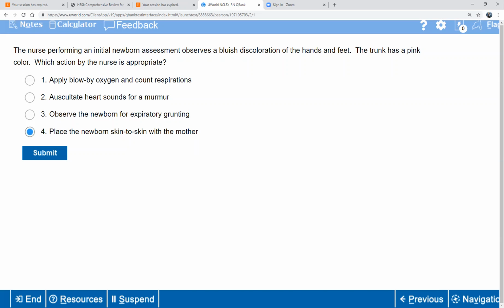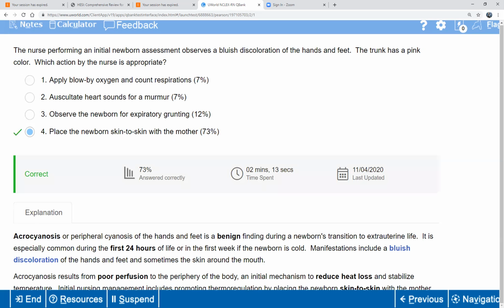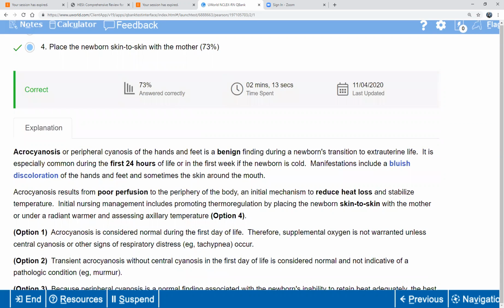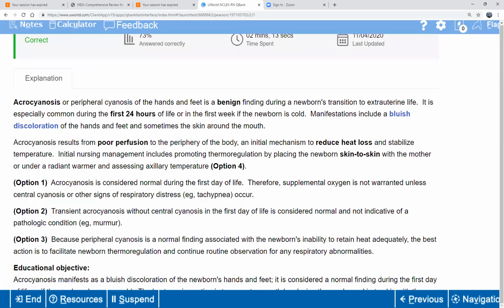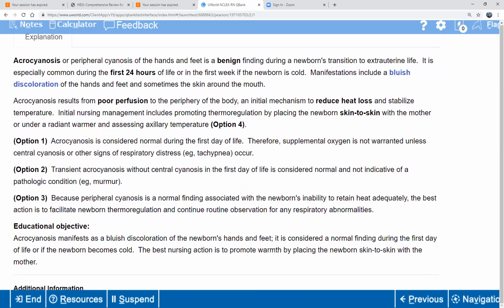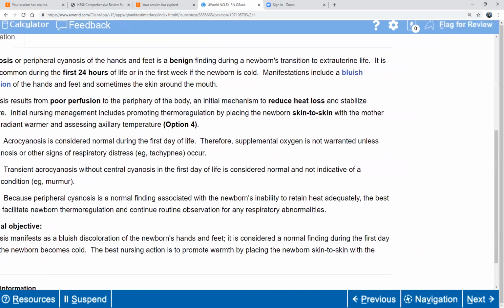Okay, good. So that's 4? Okay. Yeah. I was close, but not quite. That's a normal finding. Normal, yep.